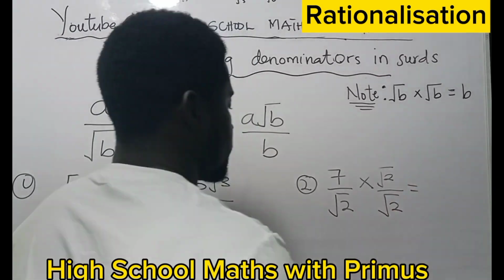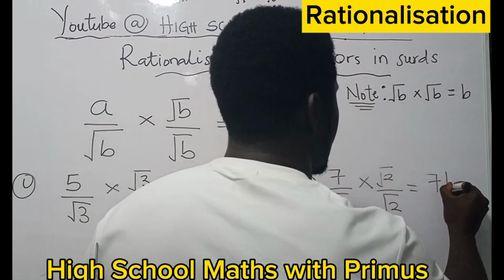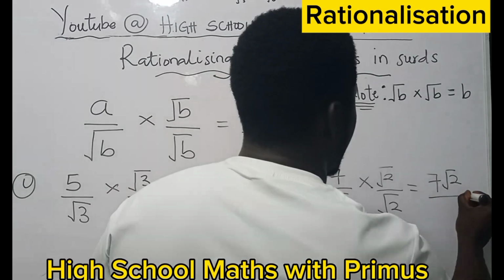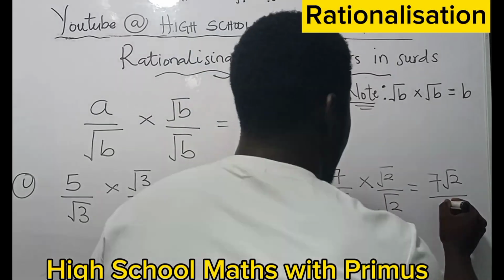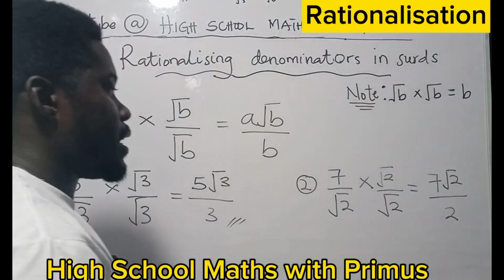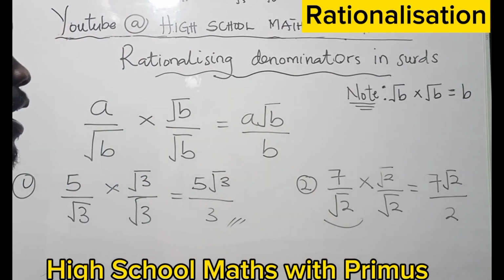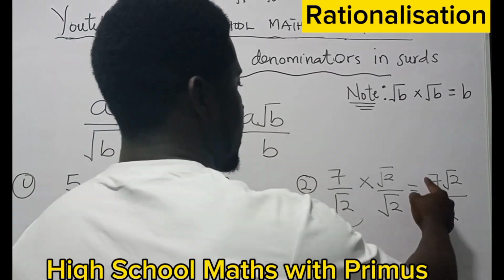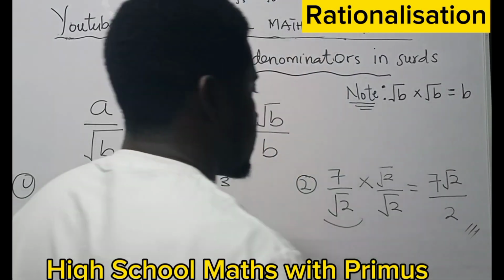Now we are having 7 times root 2, which is 7 root 2, over root 2 times root 2, giving me 2. We can now say that 7 over root 2 has been rationalized to get 7 root 2 over 2, and that is the final answer.